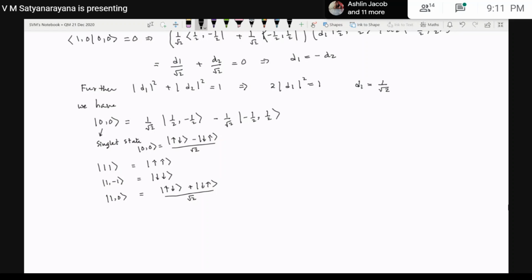Now these three states are called the triplet states, corresponding to j is equal to 1, and the singlet state corresponds to j is equal to 0. Correct? So this is essentially what you get when you consider them as identical particles.